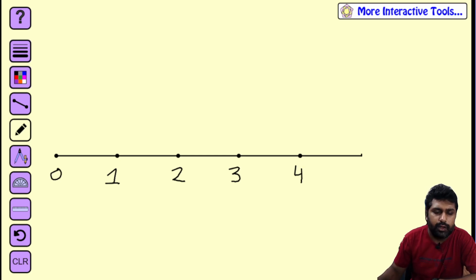Okay. Now, in order to generate root 5, first of all, create a 90 degree angle on this 2 point.